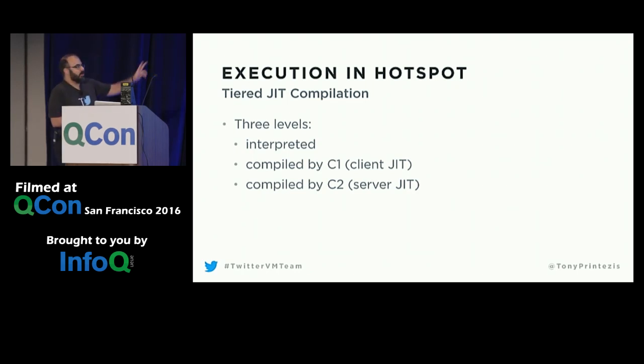And what's the trade-off between the 2 different compilers? The client compiler is a fast compiler, but generates so-and-so code. The server compiler is a much slower compiler, but generates much better code. Okay? So you want to compile with the client compiler maybe to get improved startup a little bit, but ultimately you want to compile with the server compiler to have great throughput in the long run.